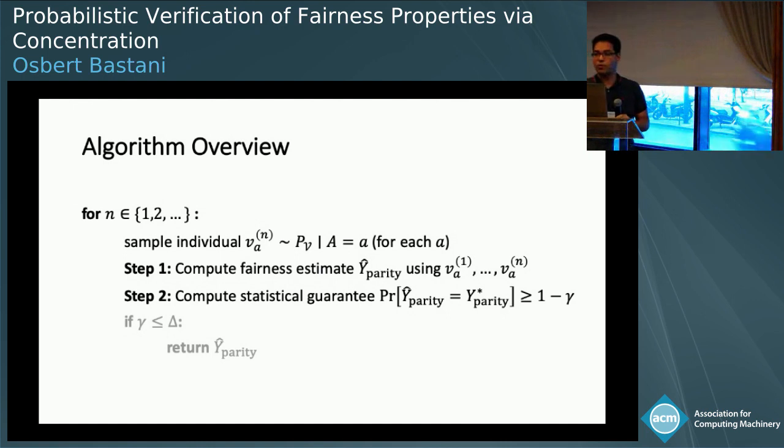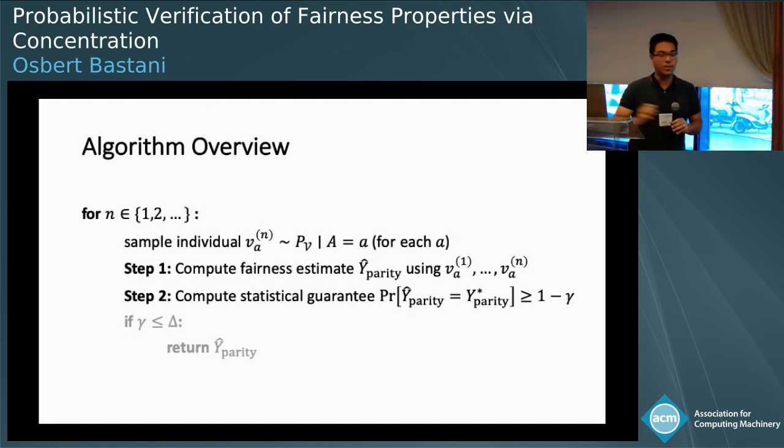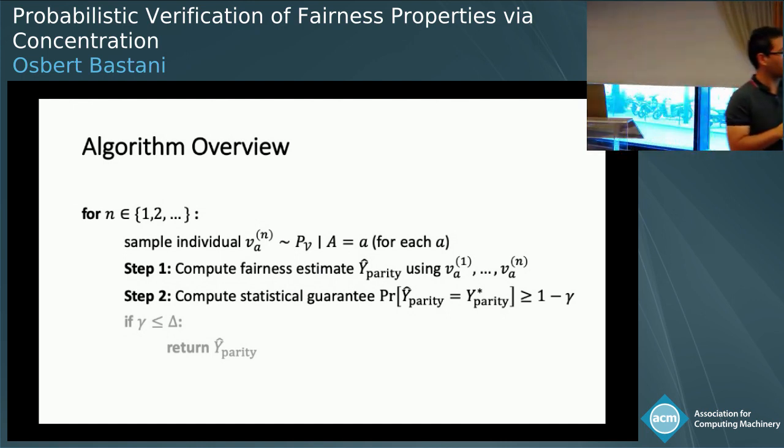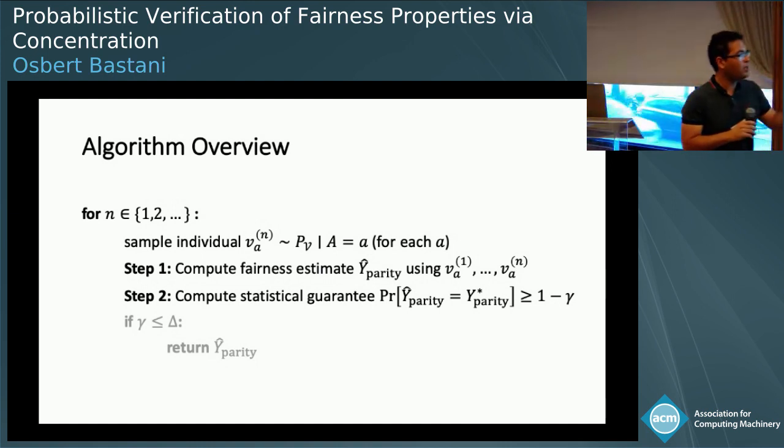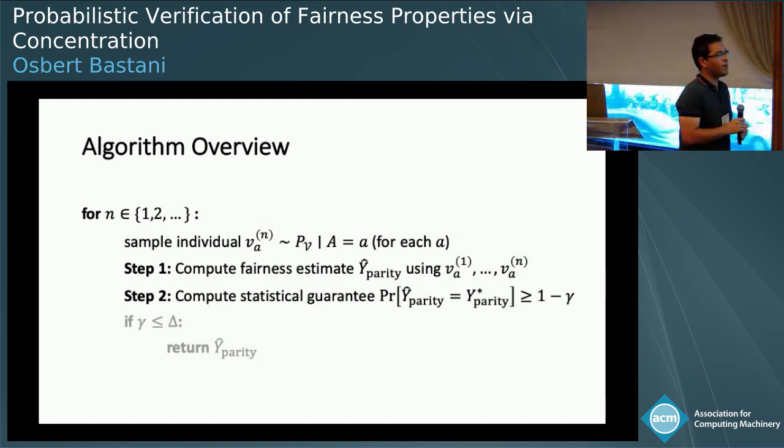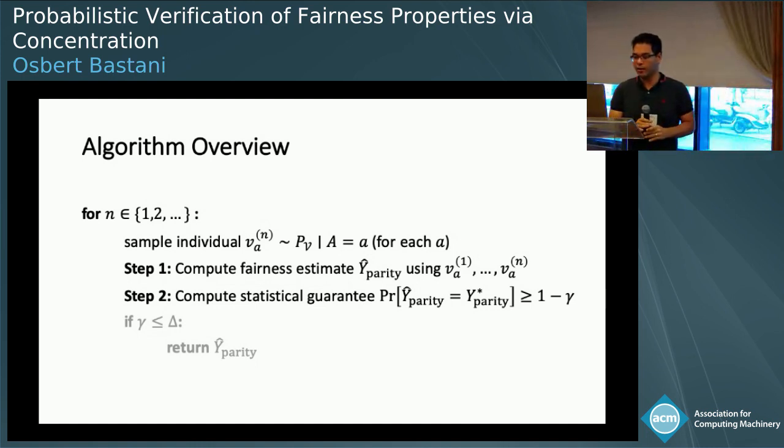And on the second step, we're going to compute a statistical guarantee on how good of an approximation Y parity hat is compared to Y parity star. In particular, we're going to compute this parameter gamma, which lower bounds the probability that the estimate is equal to the true value.